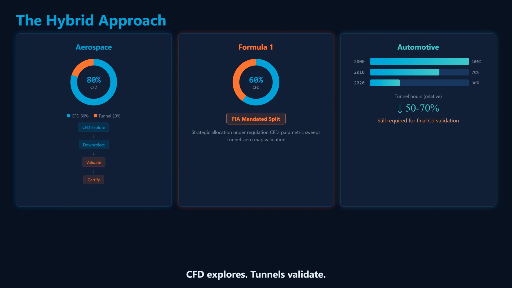Teams strategically allocate each. CFD handles parametric sweeps. The tunnel validates aero maps and captures effects RANS misses like tire wake interaction. In automotive, tunnel hours dropped 50 to 70% over the past decade, but every major manufacturer still requires final validation. When you're claiming drag coefficient to 3 decimal places, you need that tunnel number.